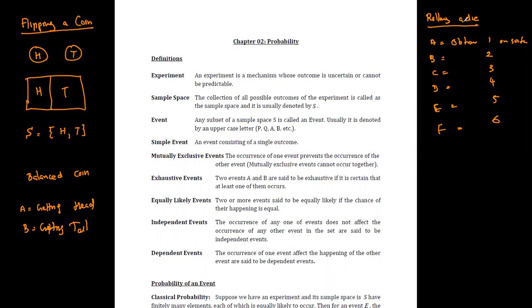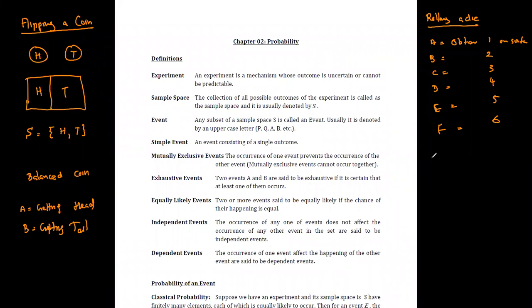If the die which you have rolled is a balanced die, then there is an equal chance of getting 1, 2, 3, 4, 5 and 6. Therefore, we can consider that these 6 events are equally likely events.